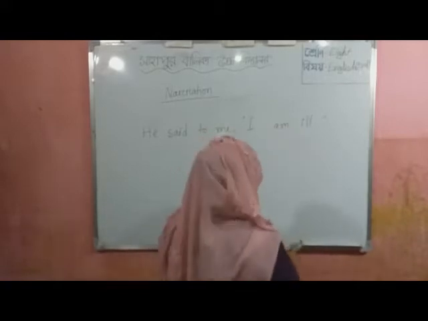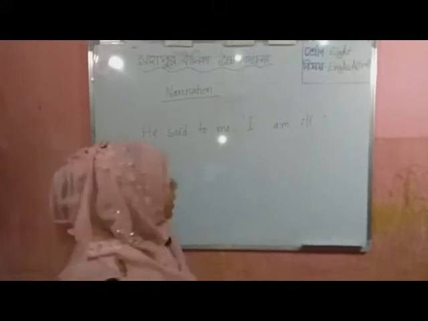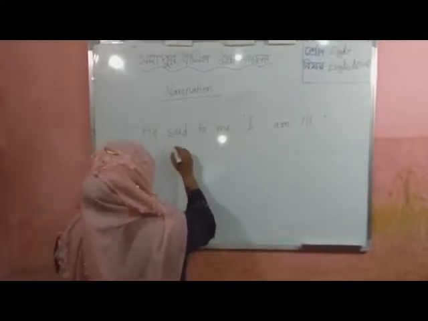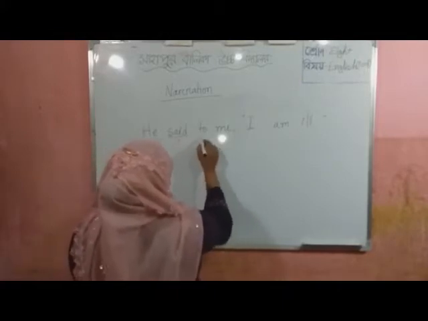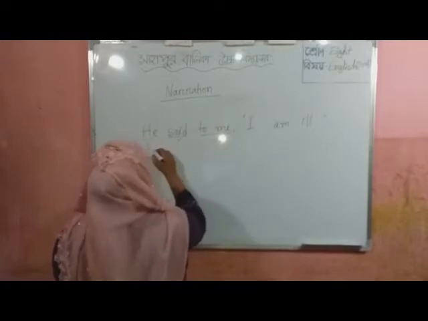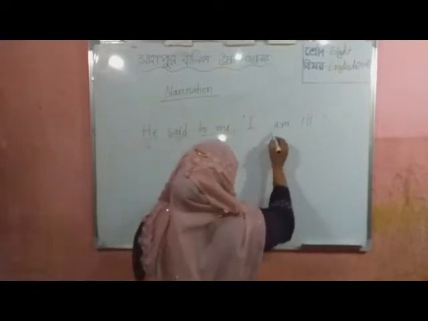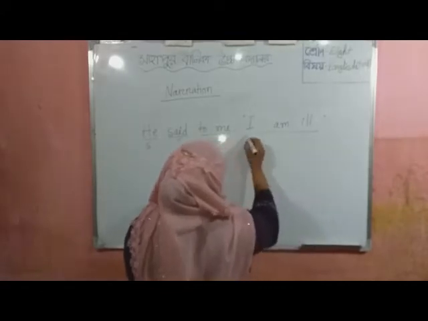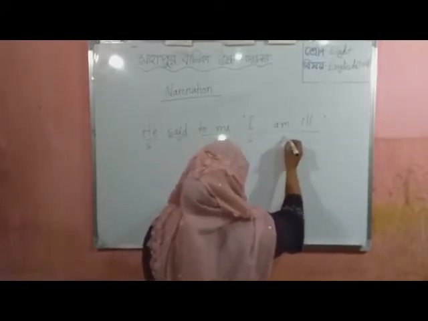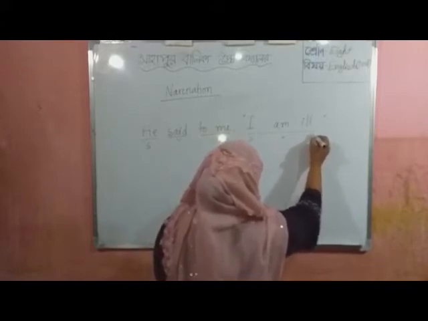Here he is the speaker, said is a verb and to me is an object. And in this section we see I is the subject, am is the verb and ill is the complement.